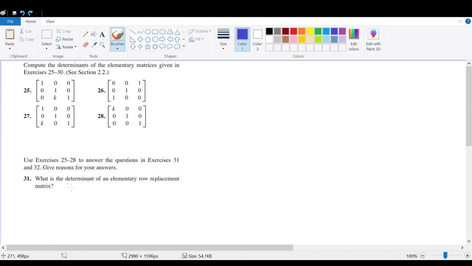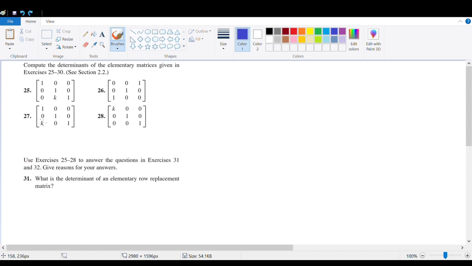In exercise 31, we need to use exercises 25 to 28 to answer the question and give the reason for your answer. What is the determinant of an elementary row replacement matrix? We have seen in 25, because it is triangular, the determinant is 1. This one, we cannot say it is 1 because this one is not triangular.